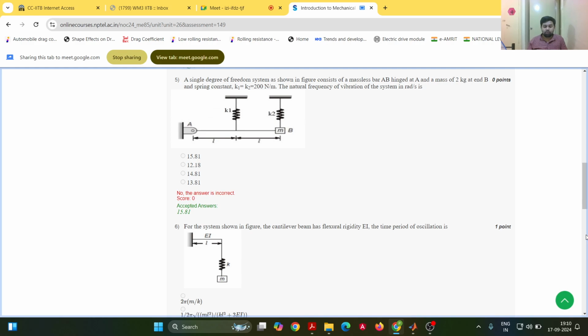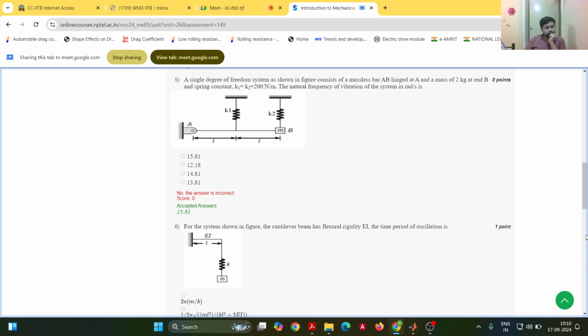Sir, I already know the solution for this problem. I just want to know what happens if I try the same problem by writing the force balance equation. Because there are two springs, there will be two spring forces acting upwards, if I give a small deflection to the rod, sir. And there is a third force, which will be the inertia force, m x double dot.